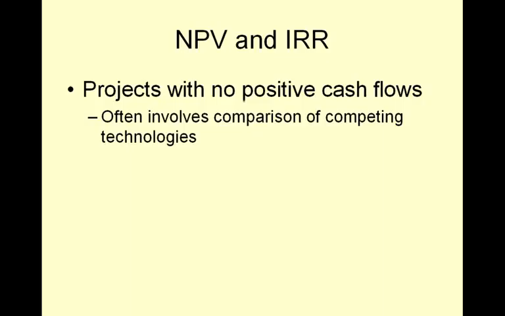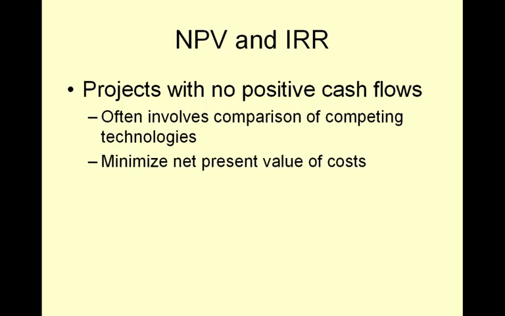So what we're doing is comparing maybe, for example, one way of heating the building, which would involve renovation of a boiler, with another way of heating the building, which would involve purchasing a whole new boiler. So we have two different ways of doing business, or doing a particular function in our business, and in this situation there are no additional revenues. So how do we compare two projects, neither of which generates additional revenues or additional business, additional cash inflow?